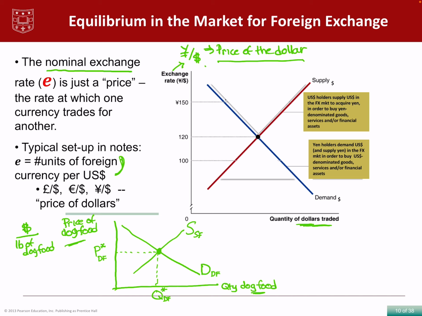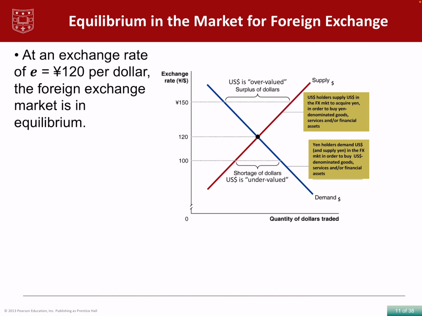But the nominal exchange rate, just like nominal anything, is the price that you observe in the marketplace right now. Real is, as we'll see, going to involve an adjustment for the effects of prices. So at this exchange rate of 120 yen per dollar, we could call this the equilibrium nominal exchange rate.